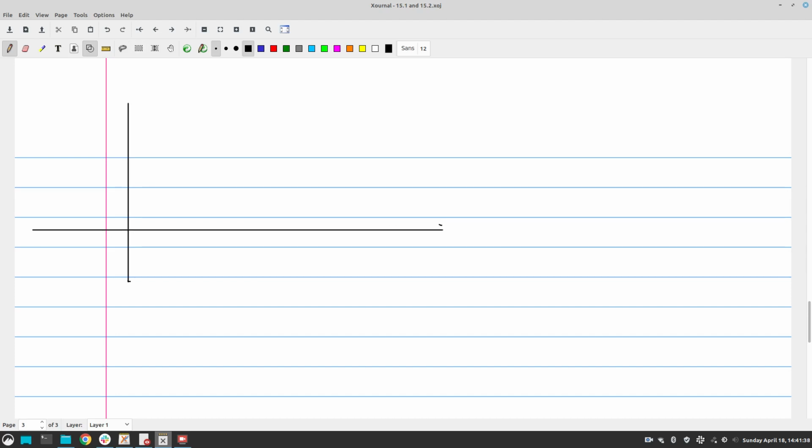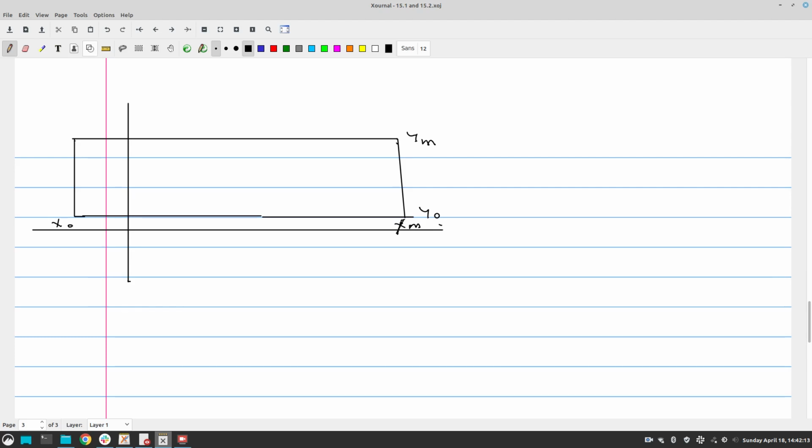Let this be yn. This is your y0. This is your x0. This is ym. And this is xm. And of course this is the y-axis and this is the x-axis.